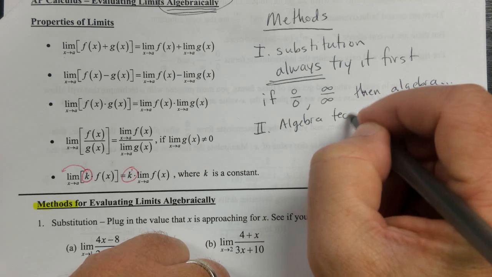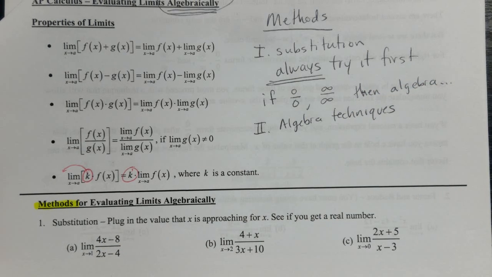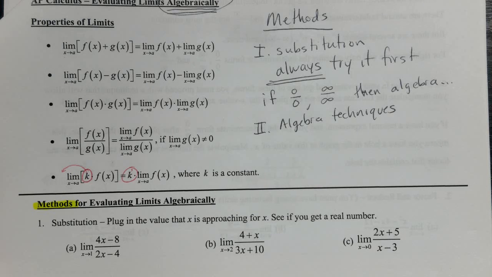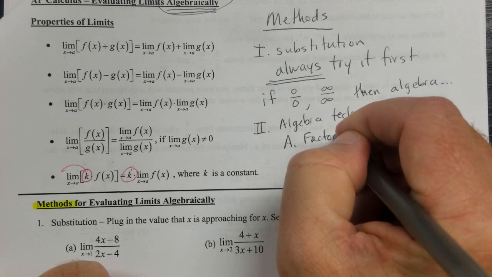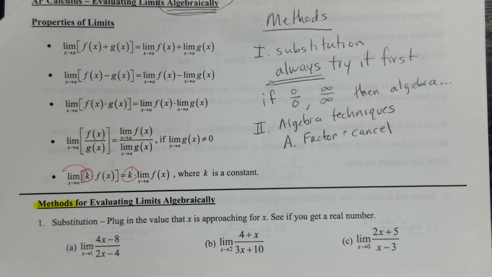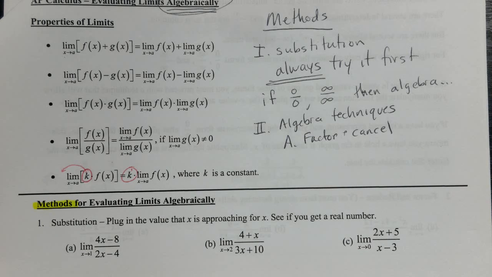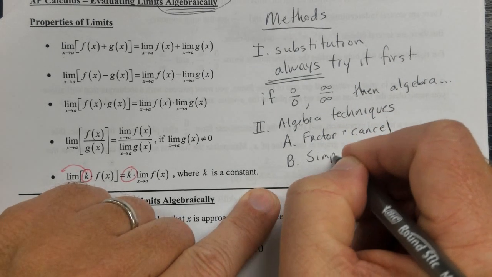So Roman numeral 2 is going to be 3 different algebra techniques. You can factor and cancel. And again, we'll get into the details on each of these in a minute. I'm trying to lay out the big picture of the process here. You can factor and cancel. You can simplify a fraction.